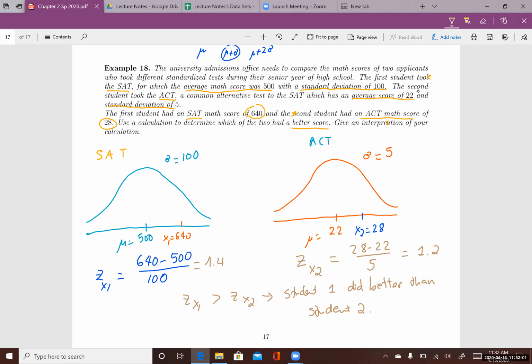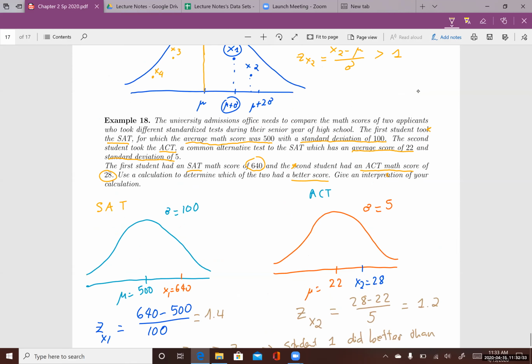So again, if you have two different values from two different populations, you can compare them if you convert the two scores into standard scores, or z-scores. You have to convert them to the same metric, the z-score, before you can compare the two values if they are from different populations and different distributions.